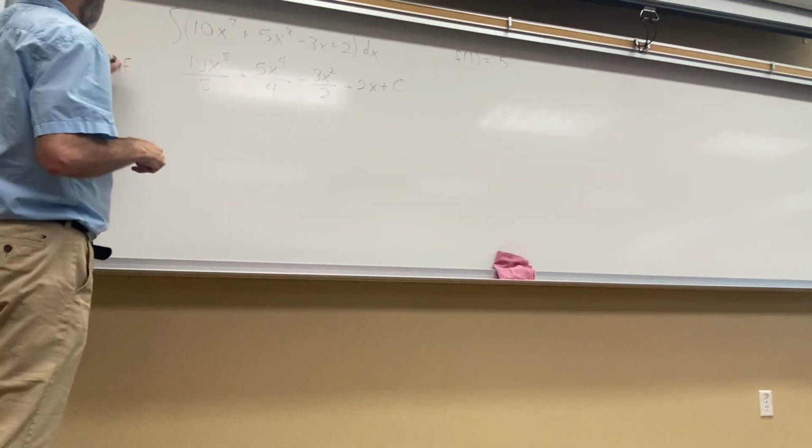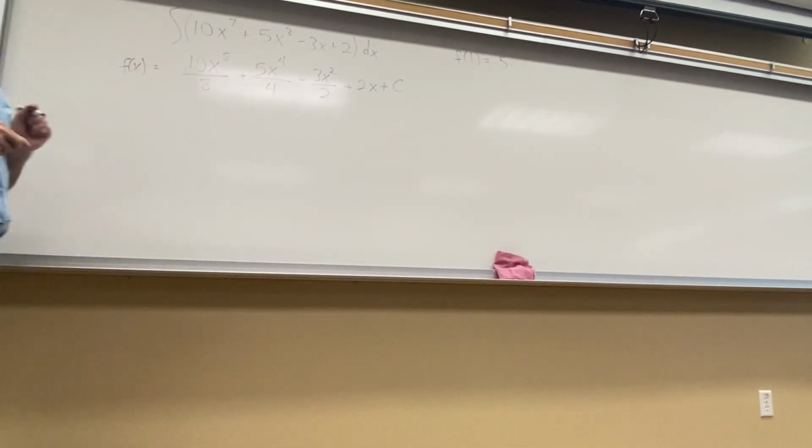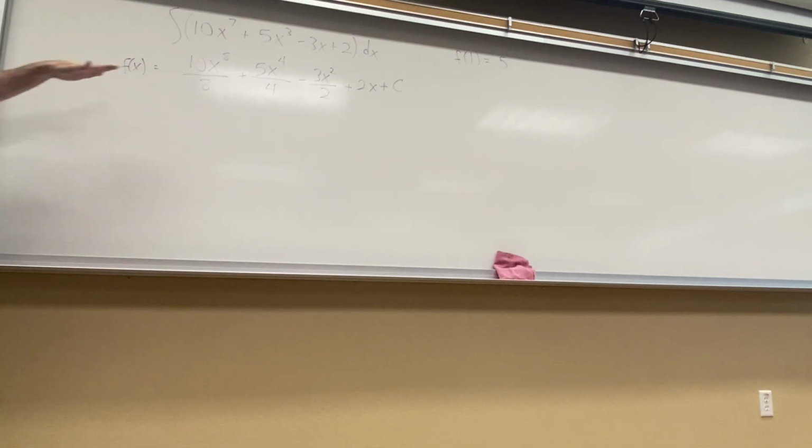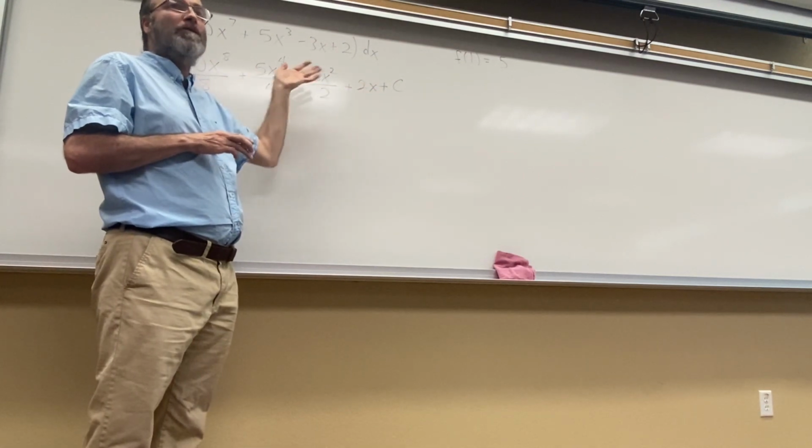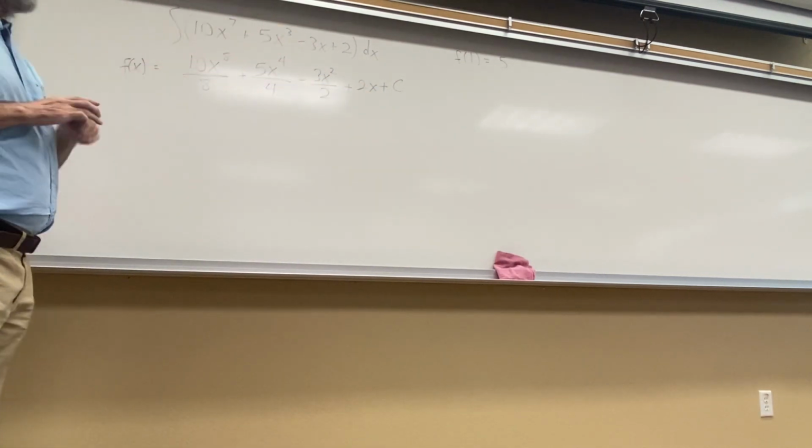So if this is our f of x, what do we do? We just plug it in, and when we plug it in, that's going to get rid of all of our x's. It's just going to leave us a c and some numbers. And then we just set that equal to 5.